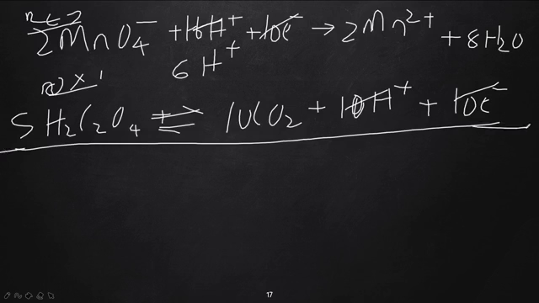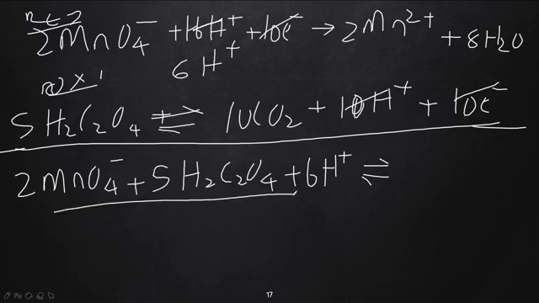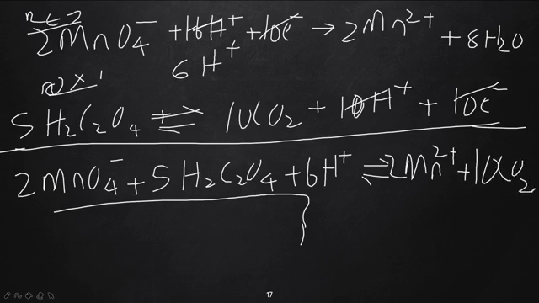Let's combine the two equations: 2MnO4 minus plus 5H2C2O4 plus 6 hydrogen ions will give us 2Mn2 plus plus 10 CO2 plus 8H2O. Now these are the two combined equations that we end up having.